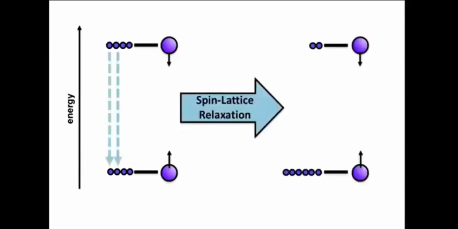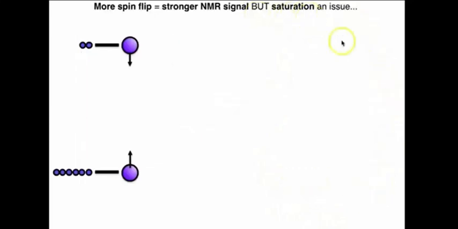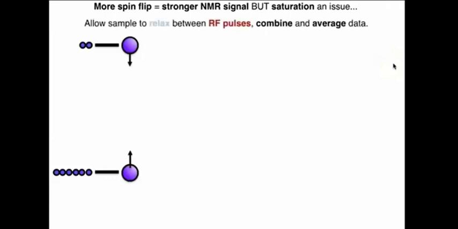To counter this, we use relaxation. We stop the RF radiation, and the higher energy level protons emit their energy and go back to the aligned orientation.